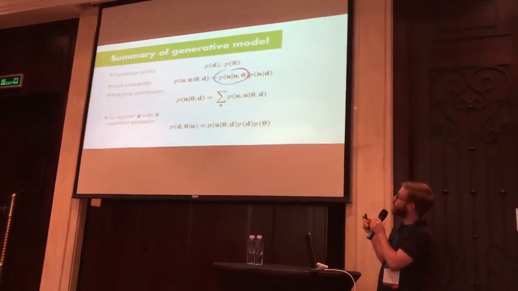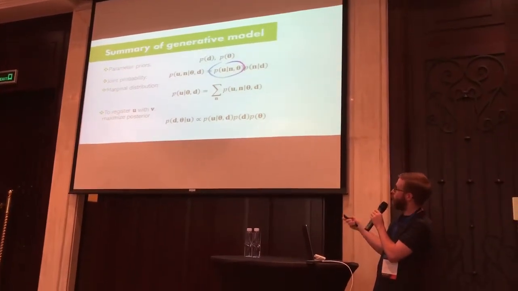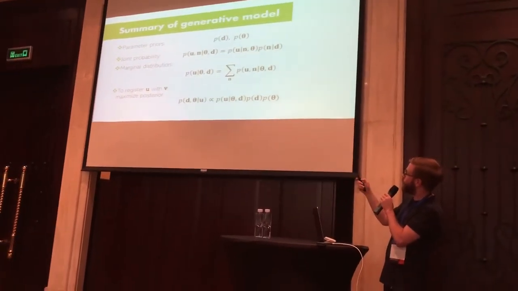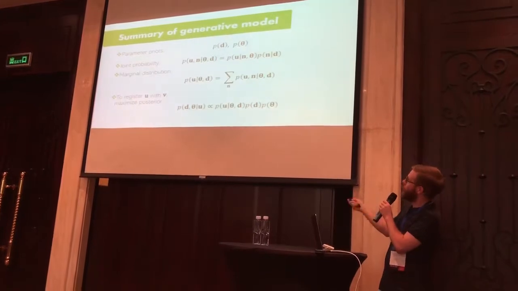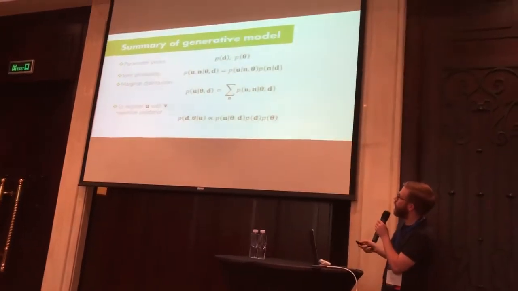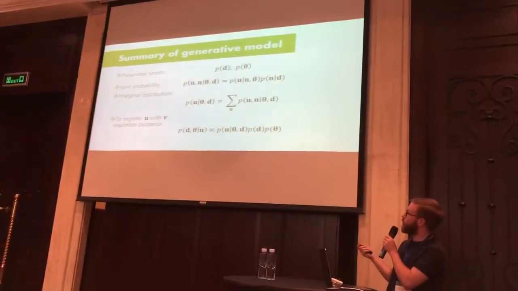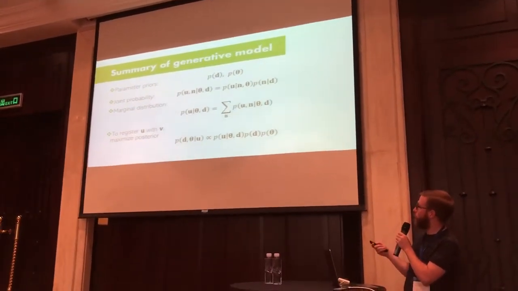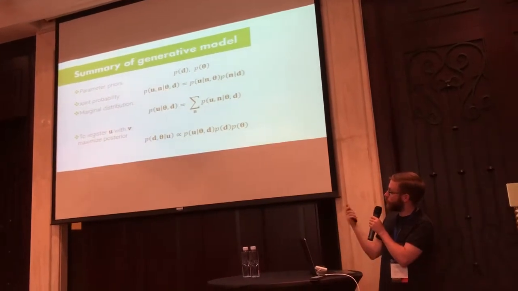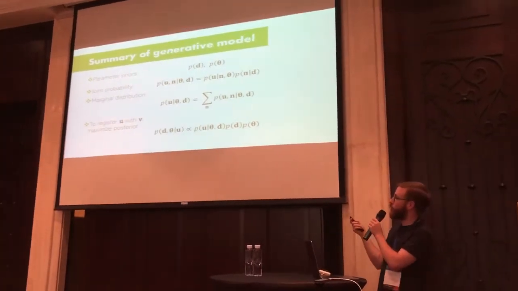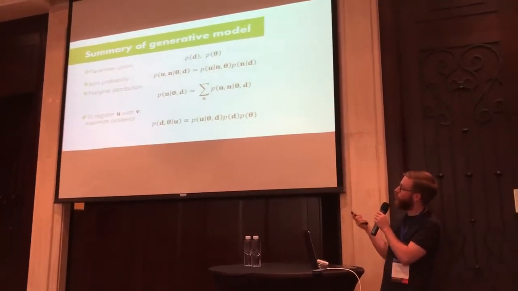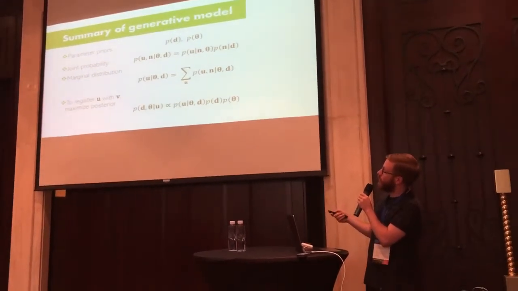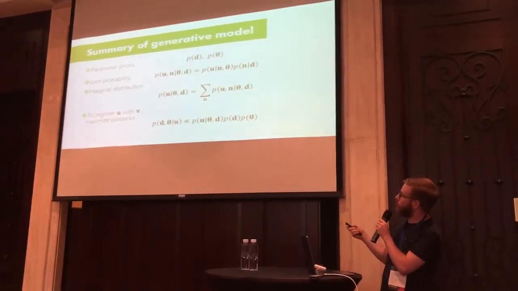Together, all of these form our model. Then we can marginalize, or sum out, the latent variables, and we get a probability of U given the model parameters. To register U with V, as I said before, we just maximize the posterior of the model parameters, which is shown here below.